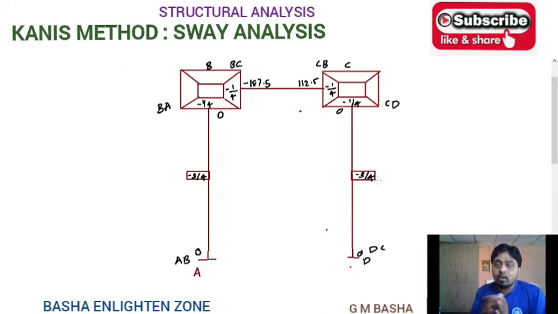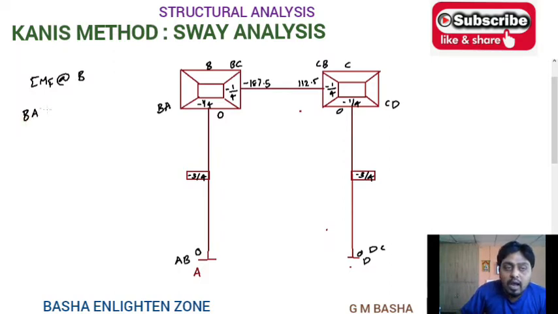So after writing all these things, next step is to find the balancing moment. So that is sigma MF for B. If you find the sigma balancing moment at B, what you have to do? You have to add both, that is BA plus BC, that is minus 187.5 plus 0 equal to minus 187.5.